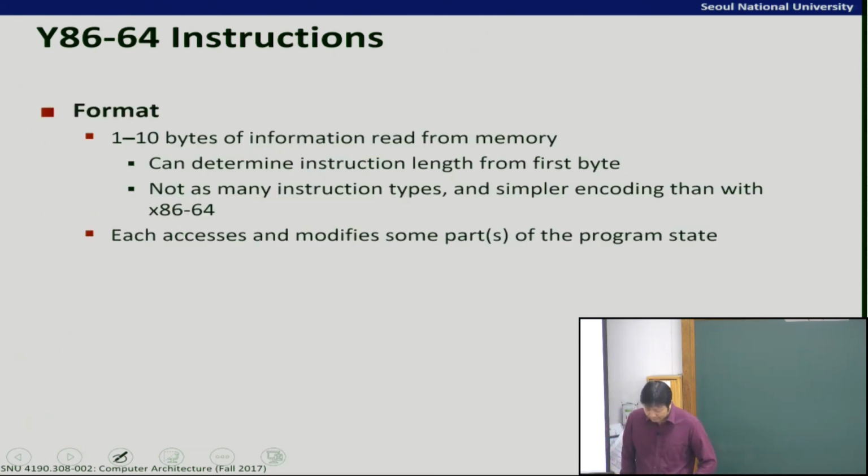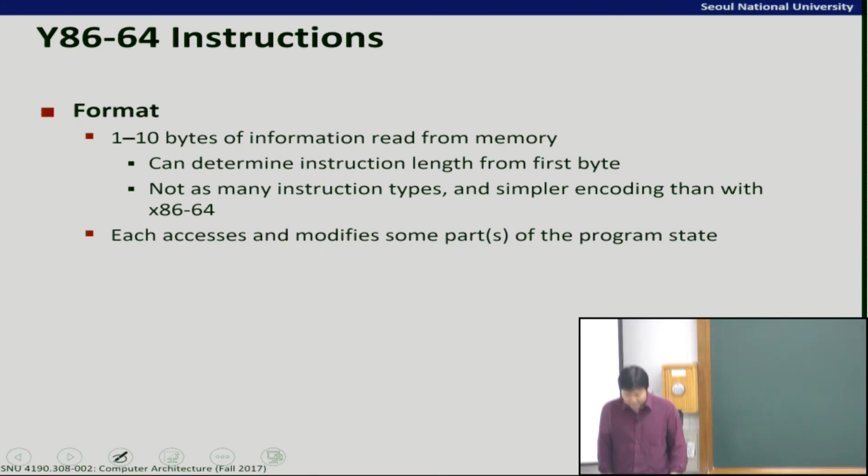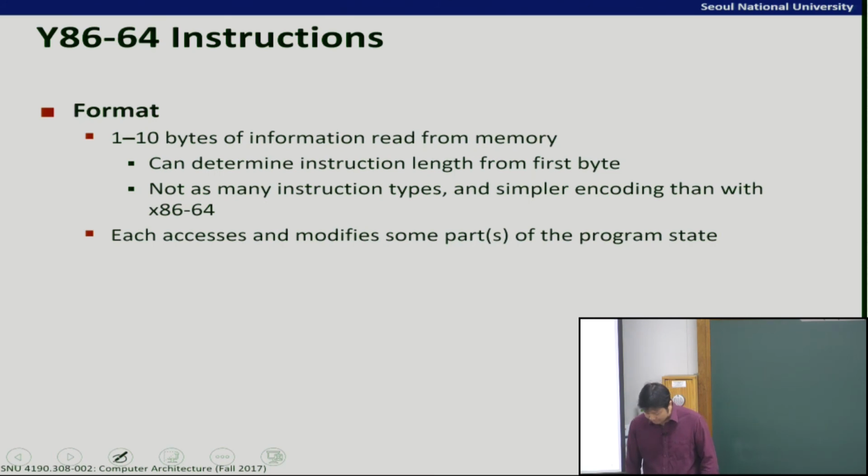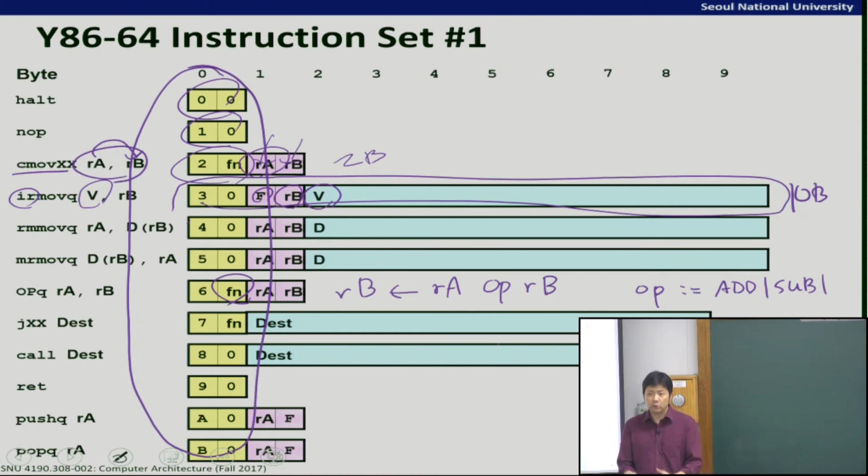So it reads 1 to 10 bytes of information from memory, and we can determine the instruction length from the first byte. Once you fetch the first byte, we can decode it. It's called decoding. Once you read the first byte, we know what kind of instruction it is, and so how long the instruction will be.